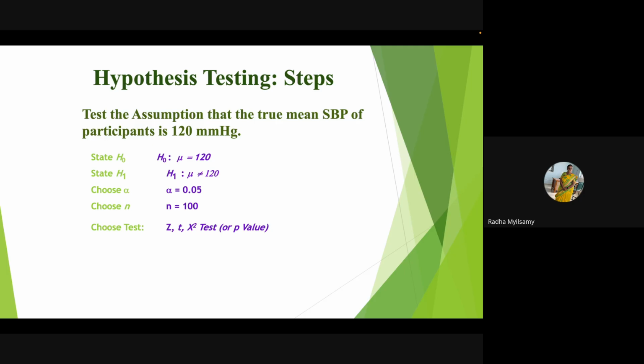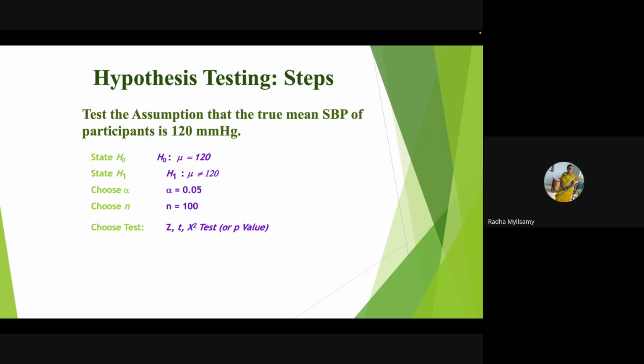If the assumptions are violated, we may go with the non-parametric test. This is how we choose between parametric and non-parametric tests. So under inference, we have these two tests.